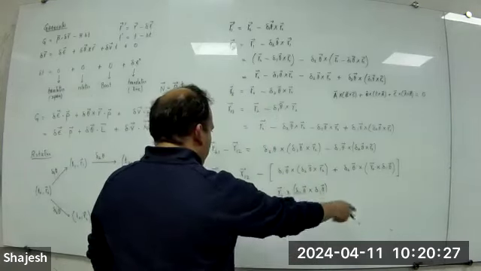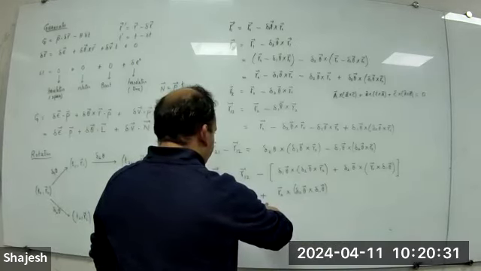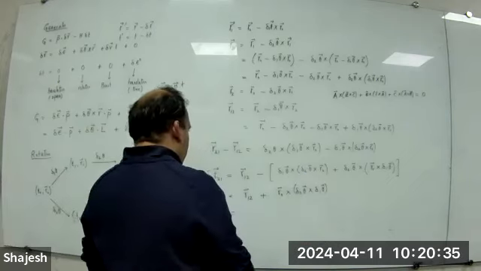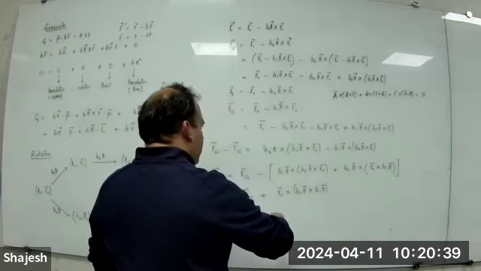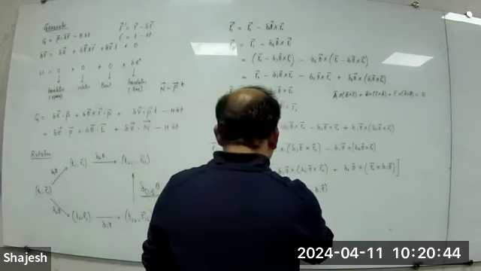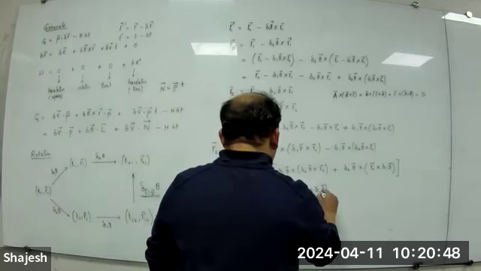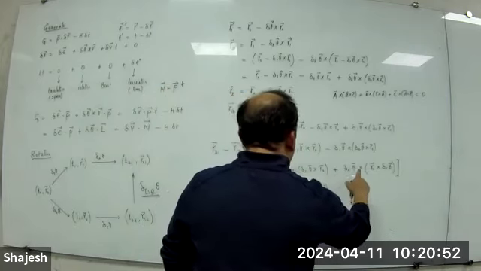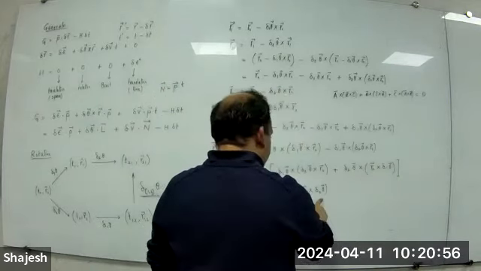I'll use one of these. Did I do this? 3, no, 3, 1, 2, right? 1, 2, 3. 2, 3, after 3 is 1, right? So 3, 1, 2, 3, right?